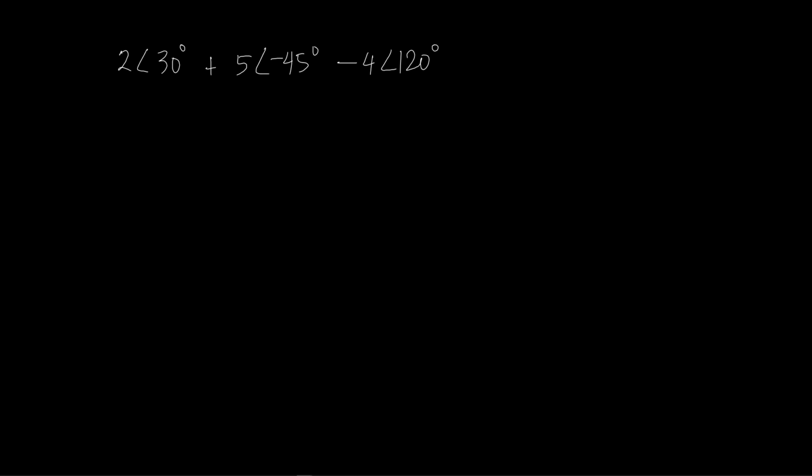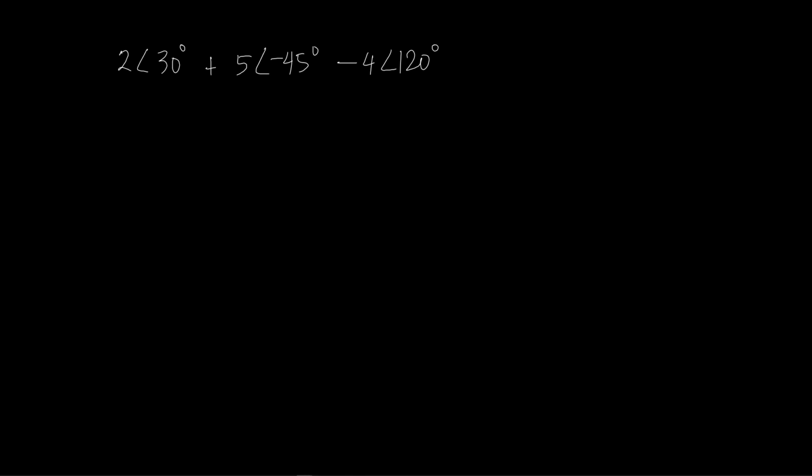It is not possible to add and subtract polar forms. What you can do is first change it to rectangular form, do the addition and subtraction in rectangular form, after which you convert it back to polar form.